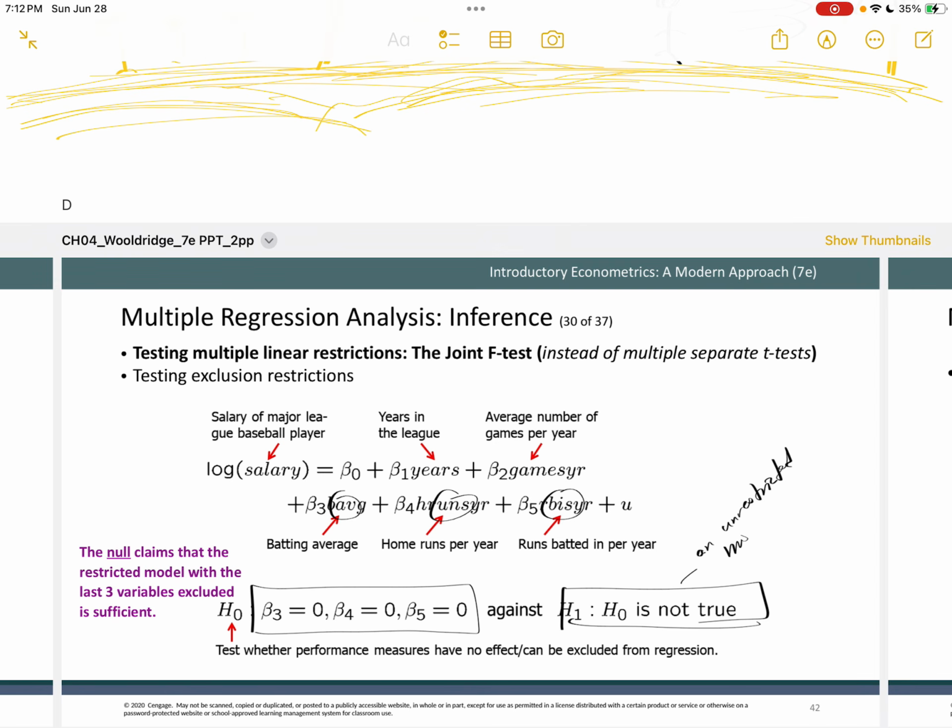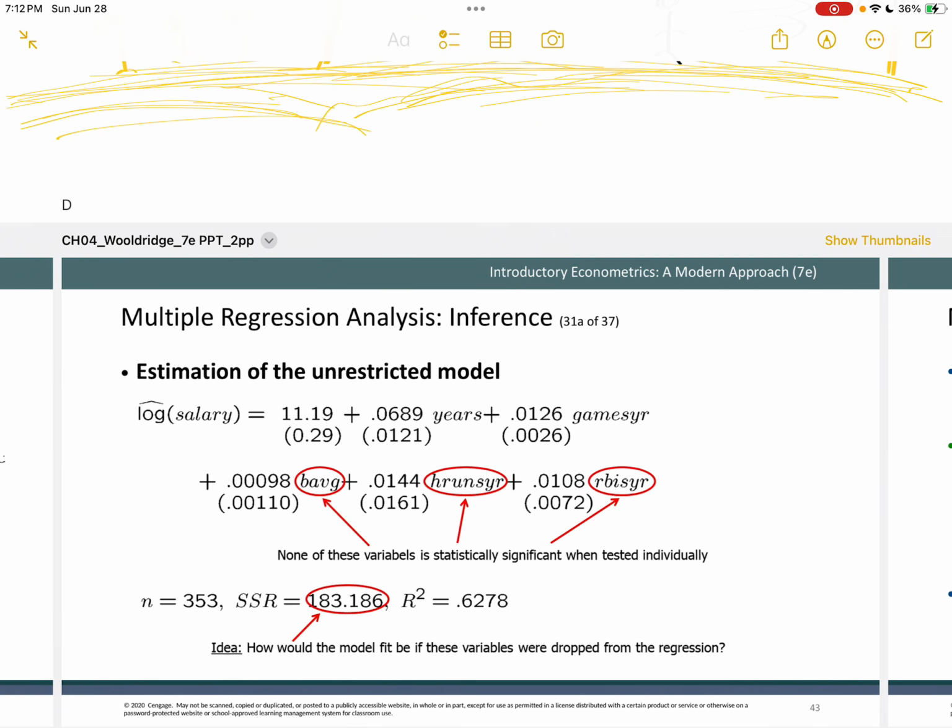That's what the alternative says. An unrestricted model is useful. And the null hypothesis is saying a restricted model is better. A restricted model is sufficient.